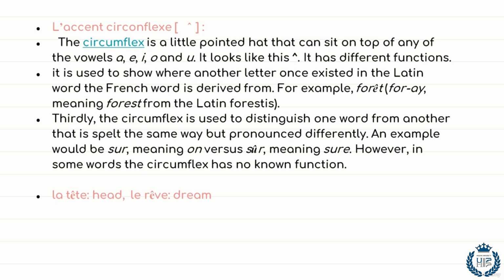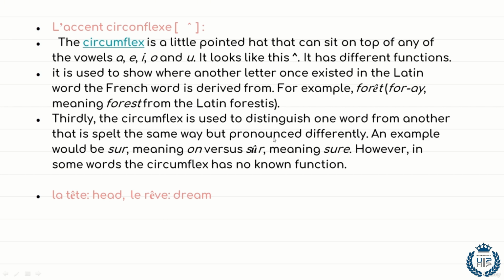Our next accent is called accent circonflexe. It is called circumflex in English. This circumflex is a little pointed hat that can sit on top of any of the vowels, which are A, E, I, O, and U. It looks like this, as you can see in this example as well.